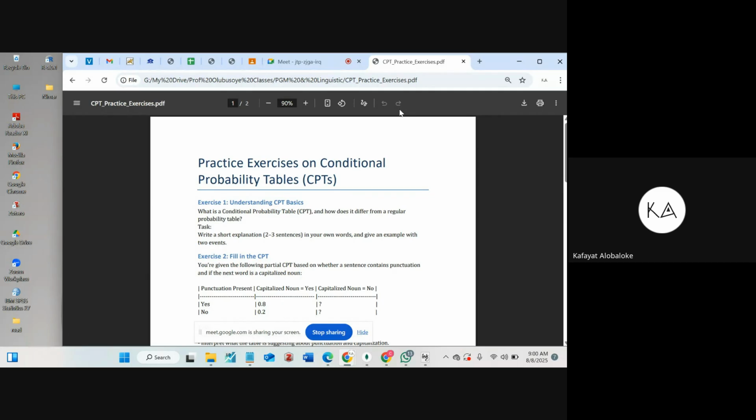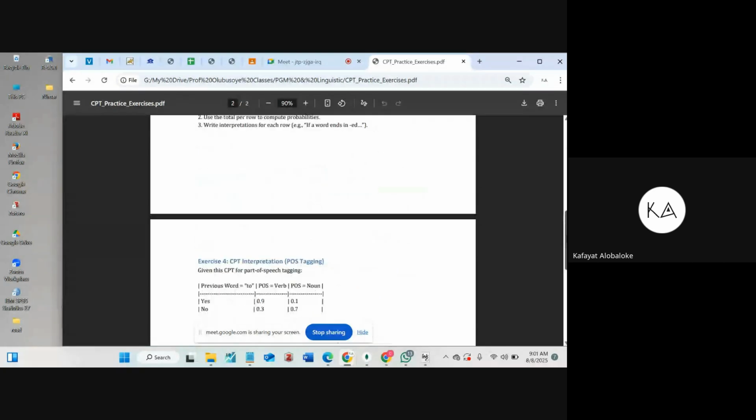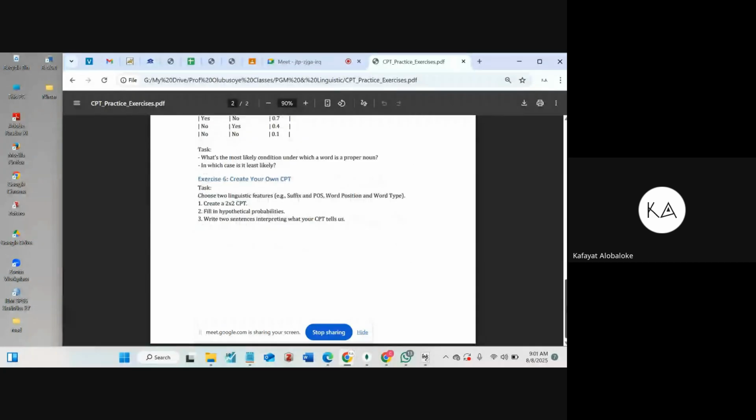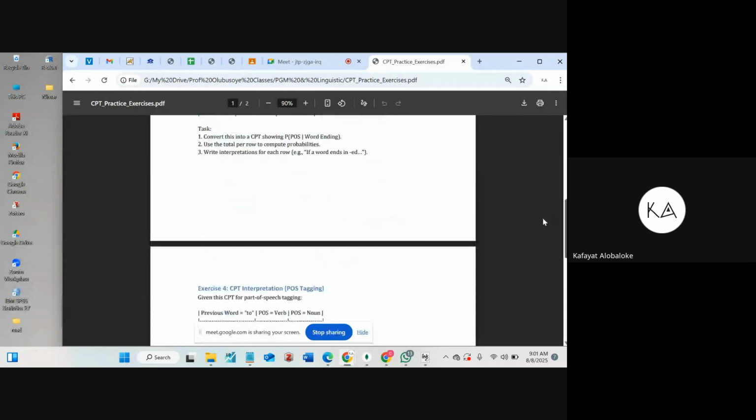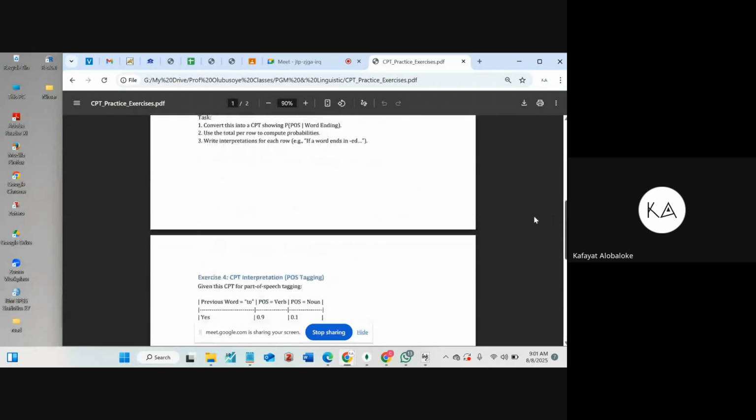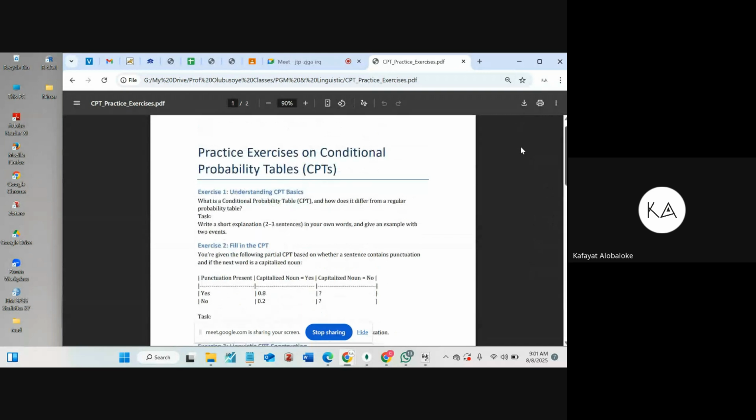Thank you very much. So this exercise covers more examples on conditional probability tables, just to expand your knowledge and understanding. In total, we have 6 questions. I will be taking 1 to 3 with you, and Miss Bonnie will take the rest of the exercises.